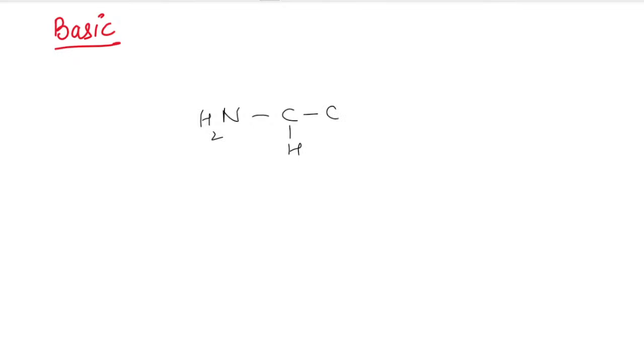Now basic alpha amino acids. In basic, obviously NH2 groups are more than COH groups. See, NH2 CH COH. Now R, if it is replaced by CH2 thrice NH2, meaning there are 2 NH2 and 1 COH, that is called lysine. Okay, so this is a basic amino acid.